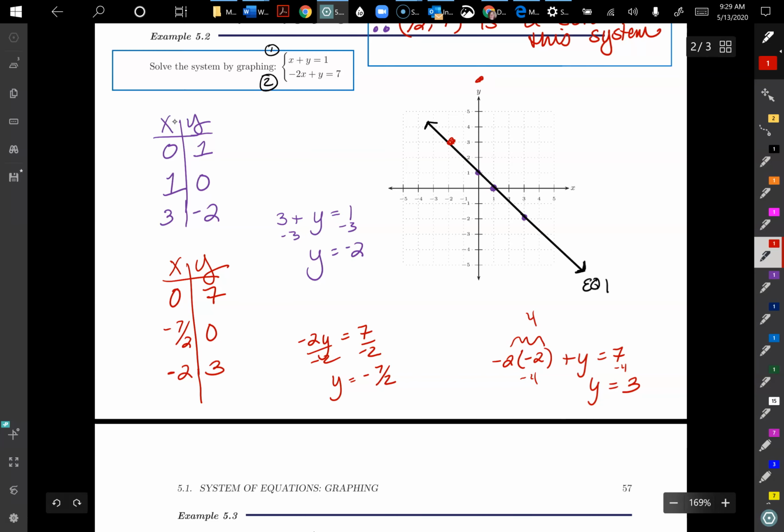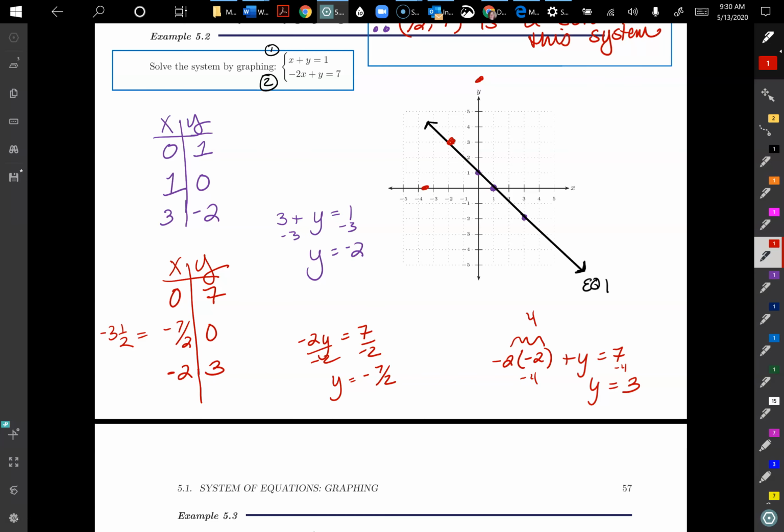So as long as we have a couple points that we're comfortable with, and we also had our 7 halves, which we could put into a mixed number or decimal to help you figure that out, you could also do -3.5, 0 for the x-intercept.